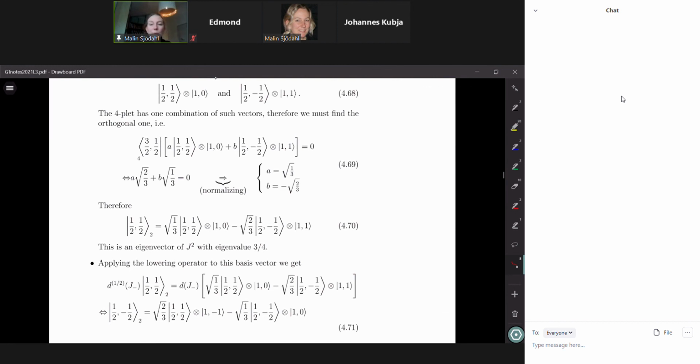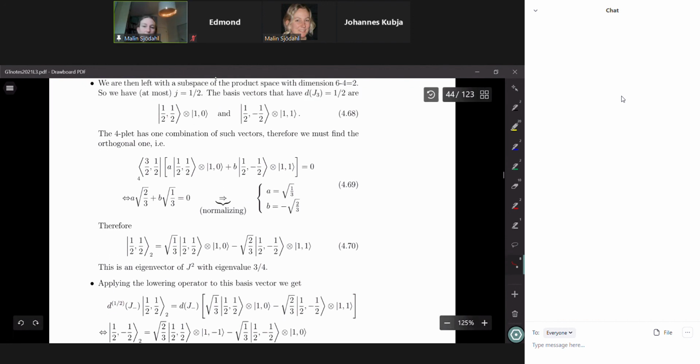So everything will work through, but we will work with minus the states, and all the states within that representation will then go to minus themselves. But they will still have the same eigenvalues. They will just have a minus. I'm just thinking if it's a convention. Yeah, in principle, that is a convention.